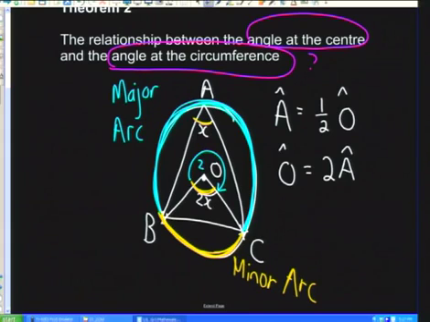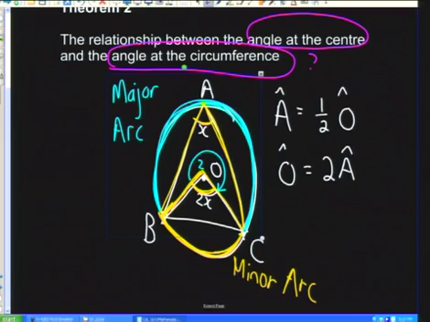So the next question is, if the yellow arc is subtending the yellow angle, then that means that that arc is now subtending angle A at the circumference.